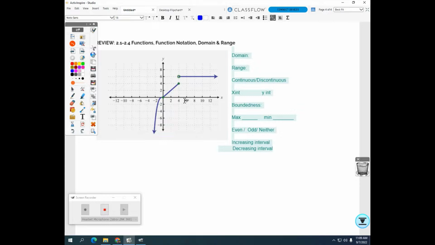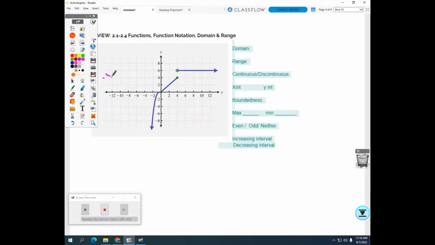All right, let's look at our properties. Okay, domain. Domain is my input, all my x's. So when I look at this graph, x is going to go from -infinity. Okay, there's a break right here. So I have a break at 4, and then it's going to continue on to infinity.